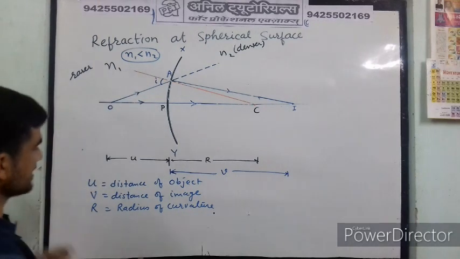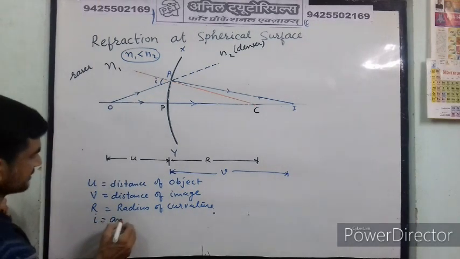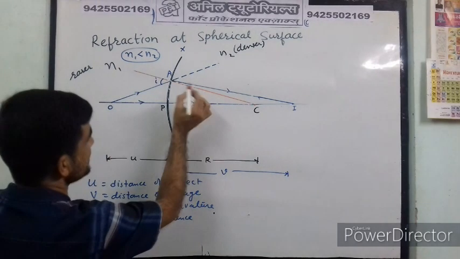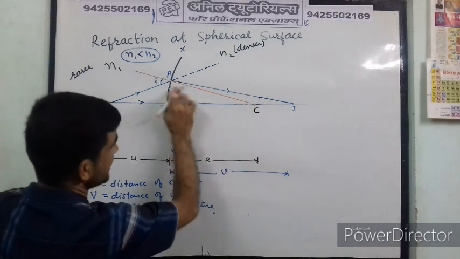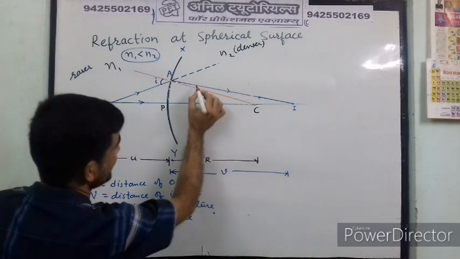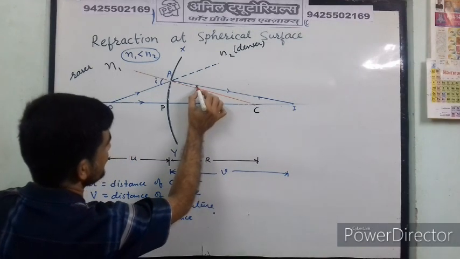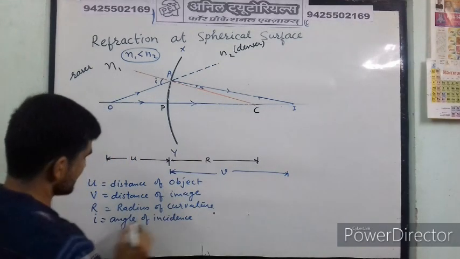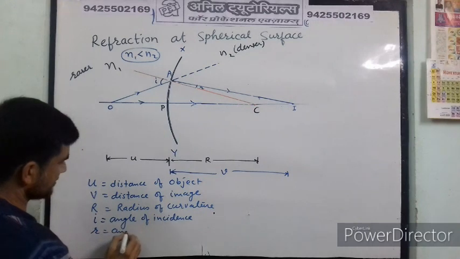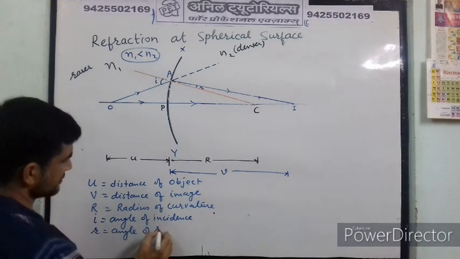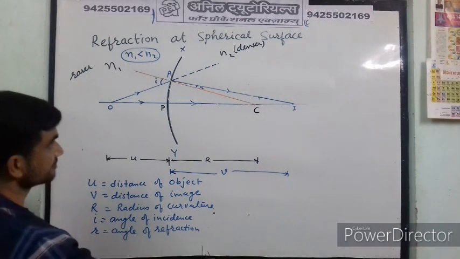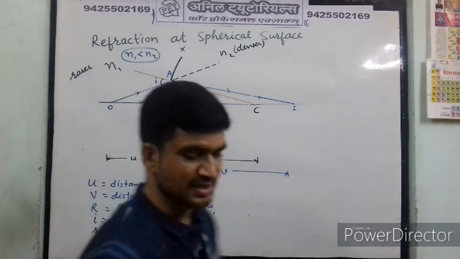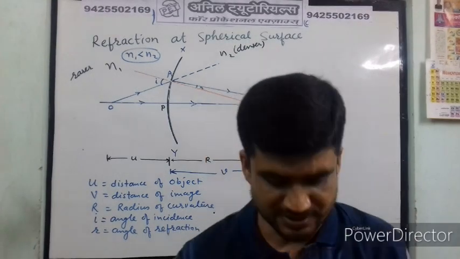So this angle is i, the angle of incidence. And this line after refraction, AI, is the refracted ray. It makes an angle, suppose this angle is r. So r is the angle of refraction.